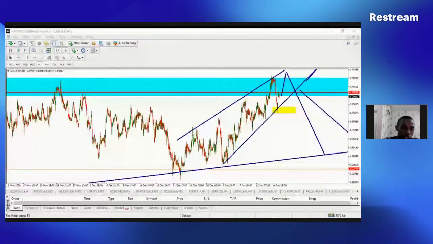Someone said GBP JPY. Sorry guys, I was busy today with meetings back to back, so I need to eat. Sorry for eating now, but I have to eat. I have to attend to many things.